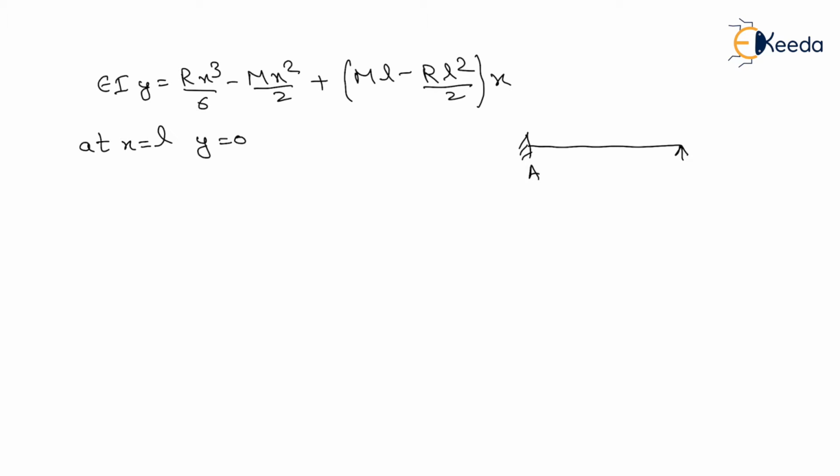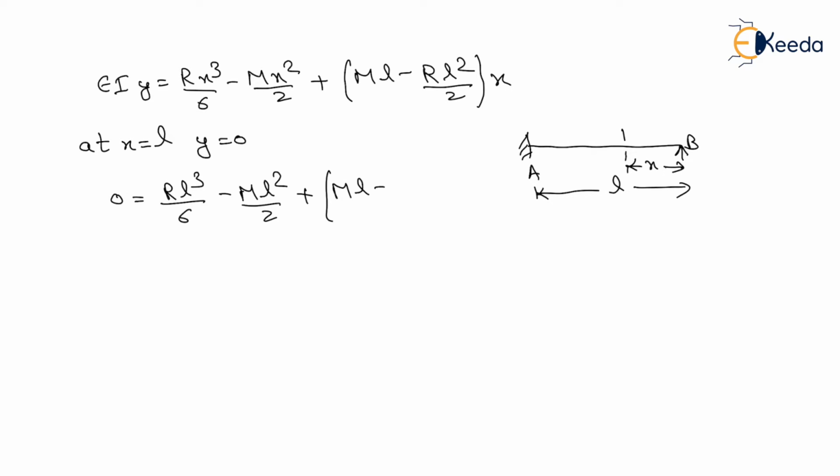So we will put all the values in this equation, that is 0 is equals to RL cube by 6 minus ML square by 2 plus ML minus RL square by 2 into L. We will get the value of R by solving this equation as 3M by 2L. That will be the value of R.